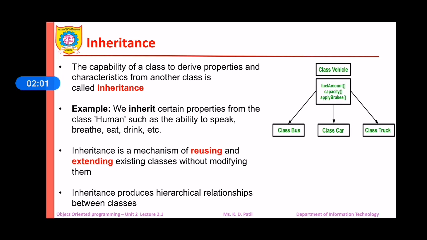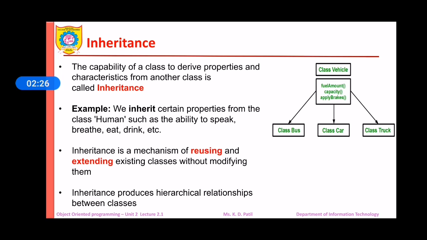Now, let me explain the extensibility. Let us consider a class car. Now, class car can have one more characteristic, the number of wheels. The number of wheels for class car is 4. But the number of wheels for bus is different and for truck is different.